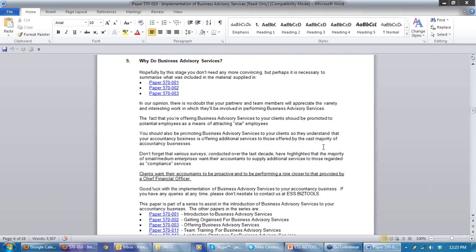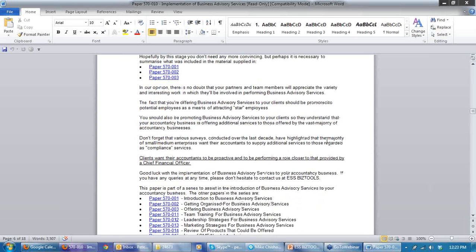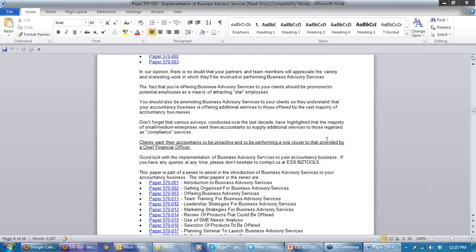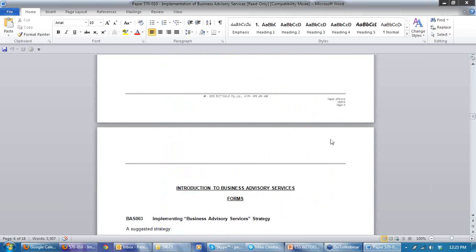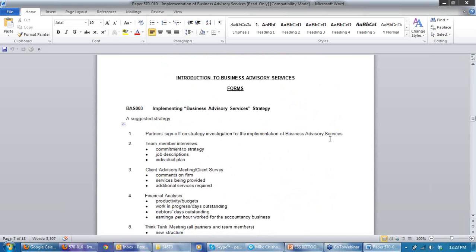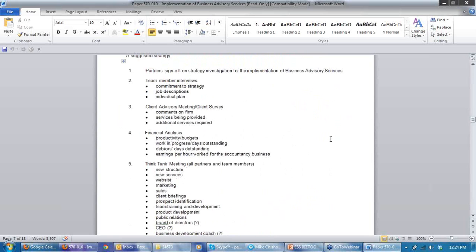We'll be putting out a paper discussing all these issues in the next week, and I will send that to the people participating in this webinar today, because I think it's really highlighting the necessity for accountants to look at other services. Then you've got the forms that are attached to this paper, which are looking at various things.